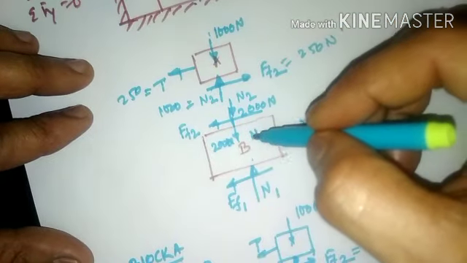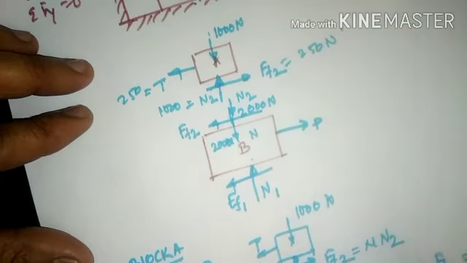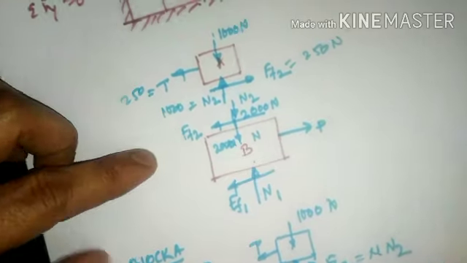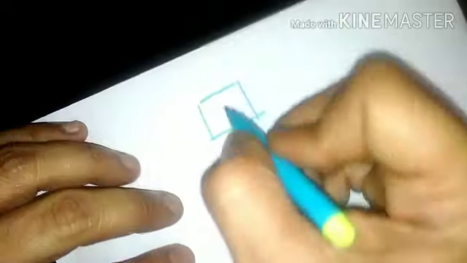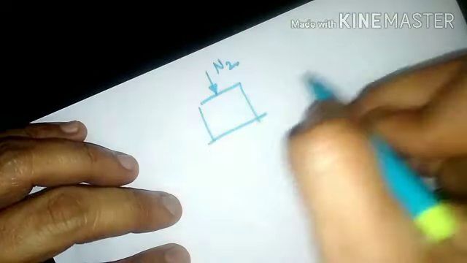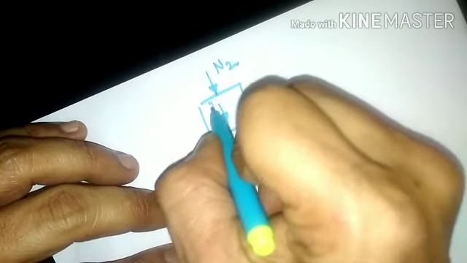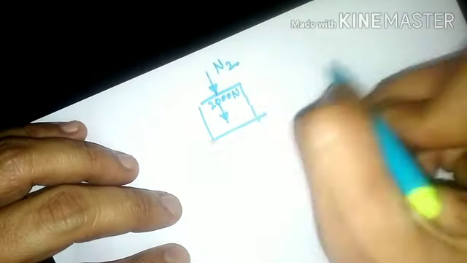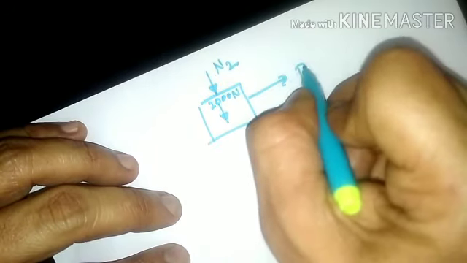Now we should move to block B. To calculate all the unknown parameters pertaining to block B, I shall draw the free body diagram for block B. One force is N2, which is downward, then self weight, which is 2000 Newton downward, and P towards the right-hand side.